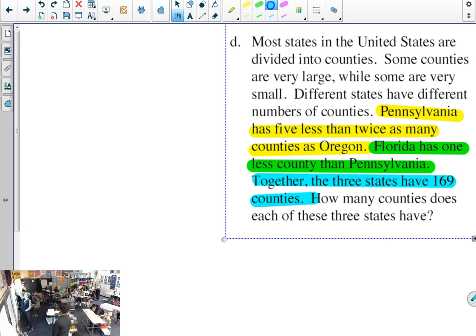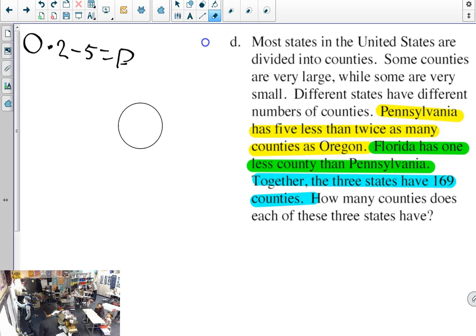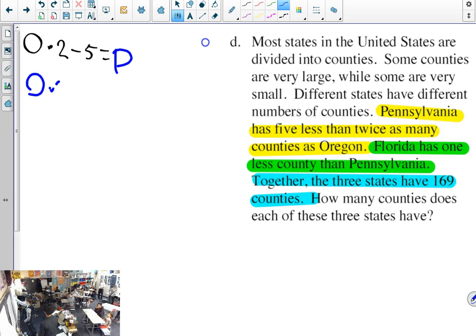So what we did is we made a little chart, like a little key, to show what everything equaled. So you know that O times 2 minus 5 equaled Pennsylvania. And then O times 2 minus 6 equals Florida, or in parentheses.